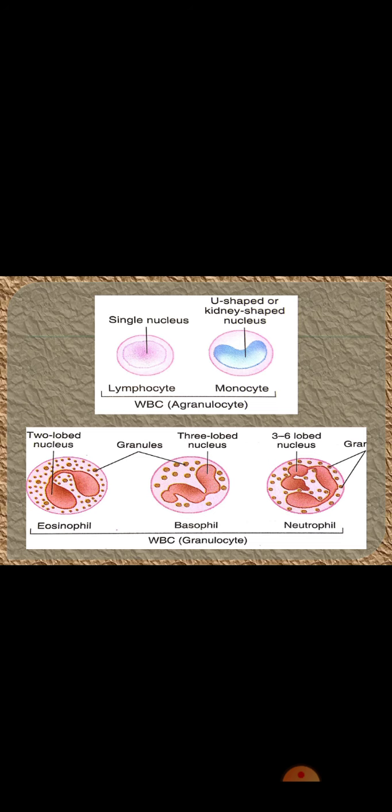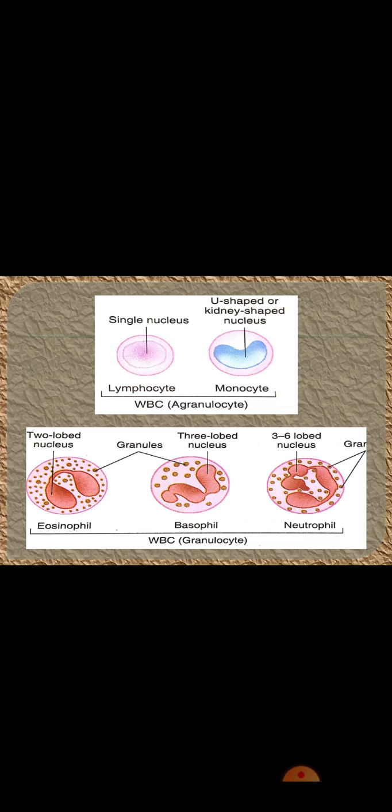They also work as scavengers, meaning they remove cell debris. Debris means the waste material of cells. They squeeze out through the capillary wall at the site of injury, and this process of squeezing out through the capillary is known as diapedesis.